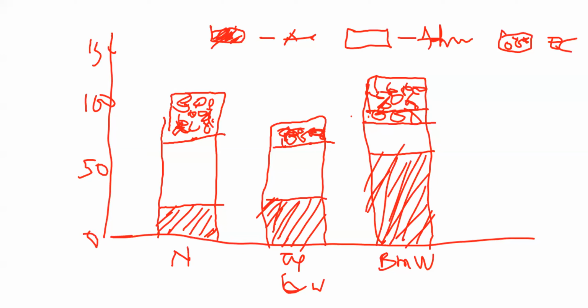Number 3, a pie chart displays relative proportions of multiple classes of data.